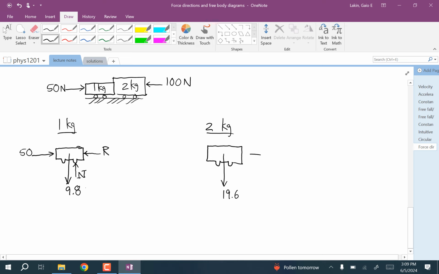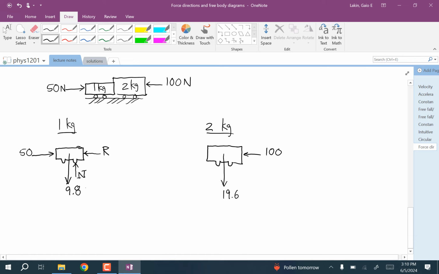There's a 100 Newton force acting over here. Notice that I didn't put the 100 Newton force in the 1 kilogram one because it isn't acting on the 1 kilogram. And I didn't put the 50 in the 2 kilogram free body diagram because it isn't acting on the 2. So you're only putting in the things that are acting exactly on that body that you're analyzing.